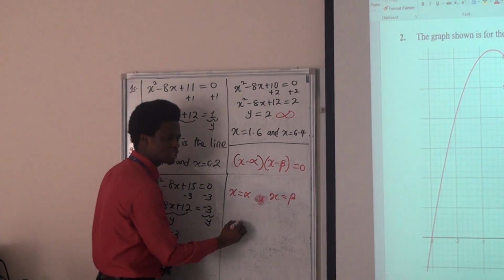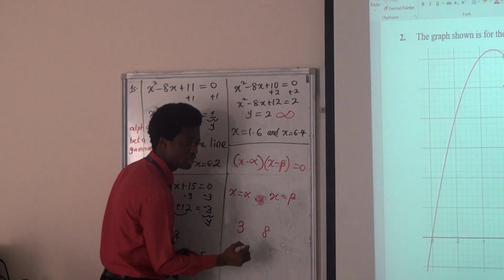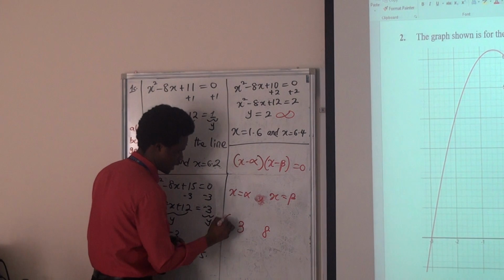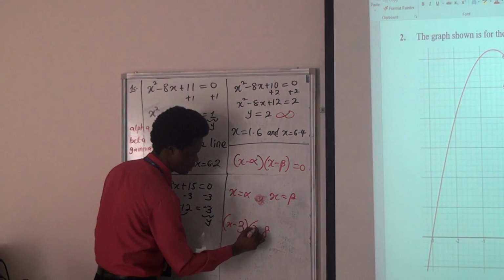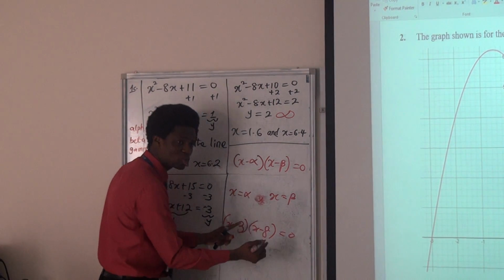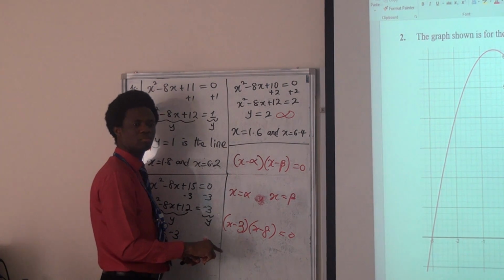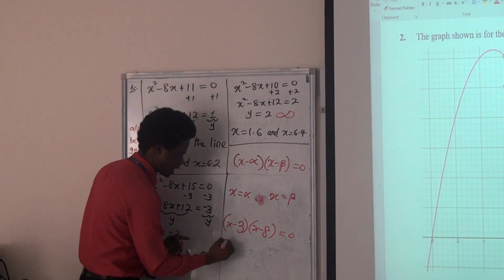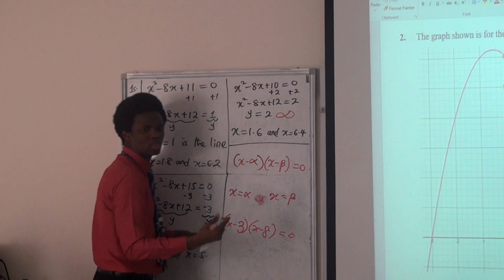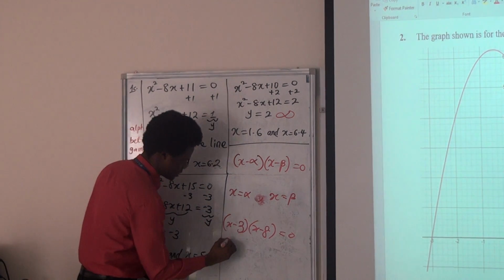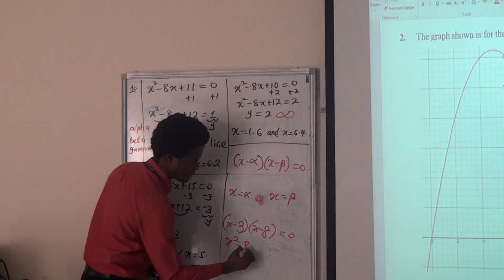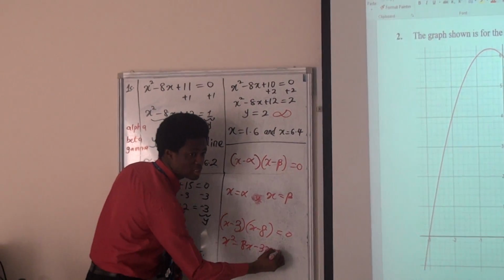If the roots of the equation are 3 and 8, it means you have factorized to this point to get 3 and 8. Which means the original equation when you expand, the opposite of factorize is expand, right, is x squared minus 8x minus 3x plus 24.